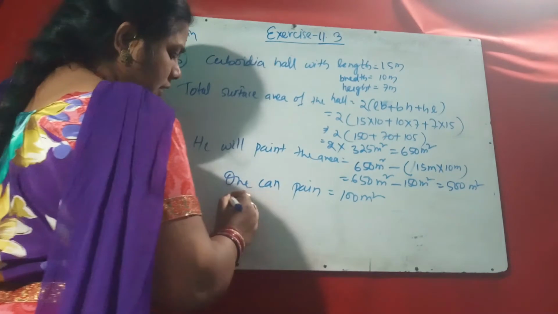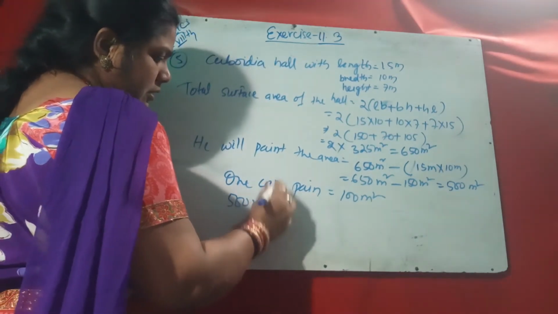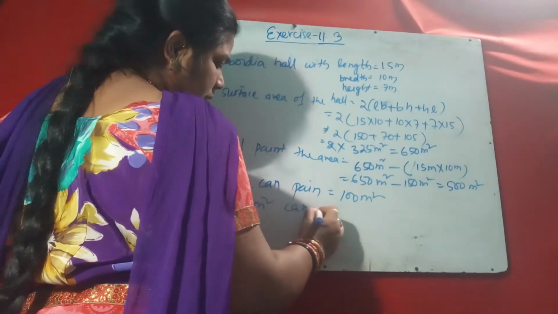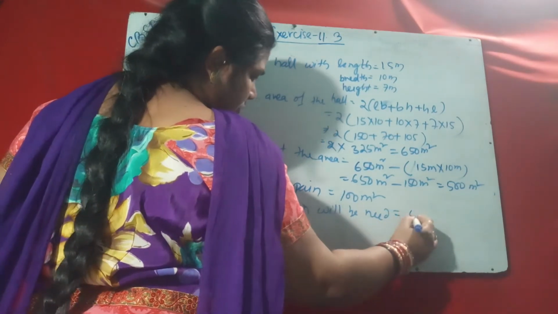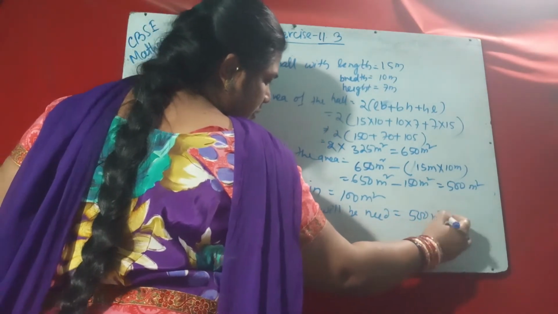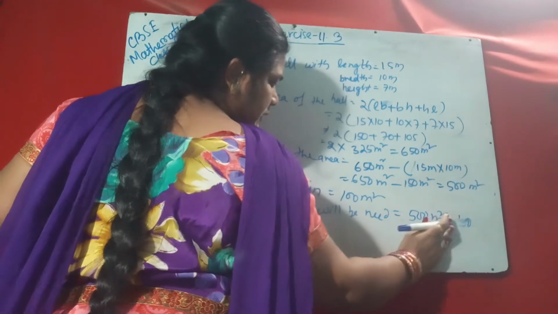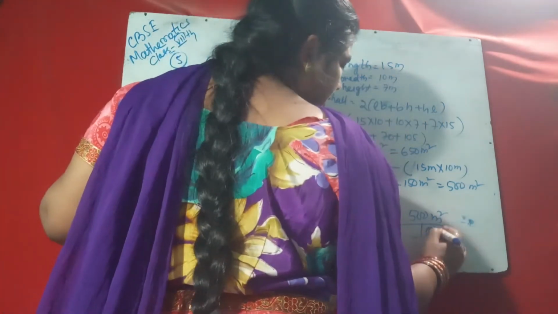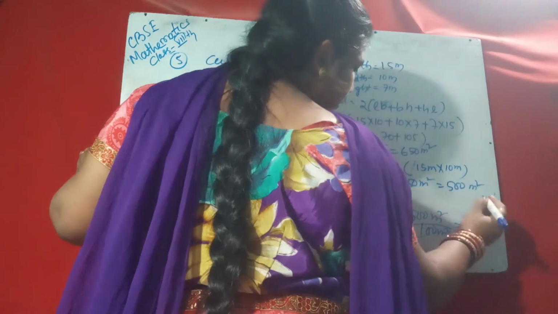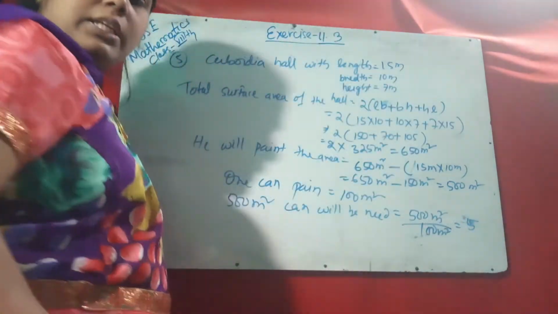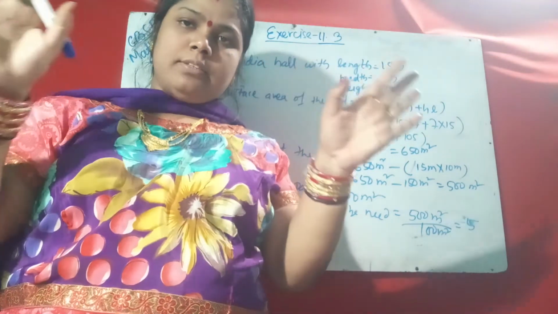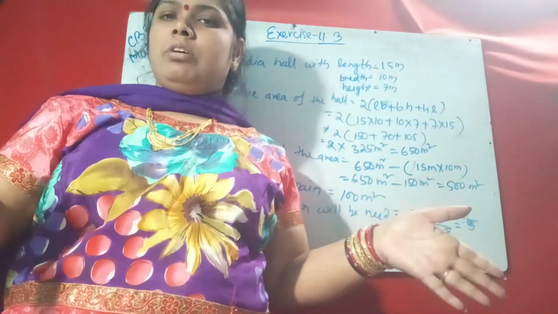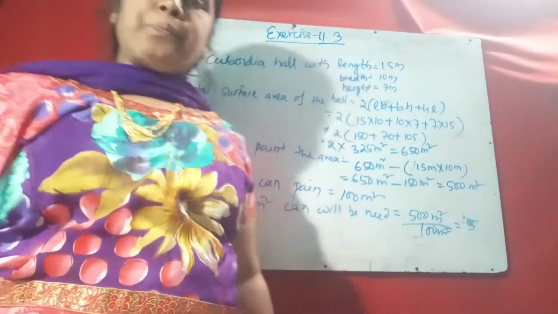So the cans needed equal 500 meter square divided by 100 meter square, equal to 5 cans. So we need 5 cans to paint the cuboid hall except the floor.